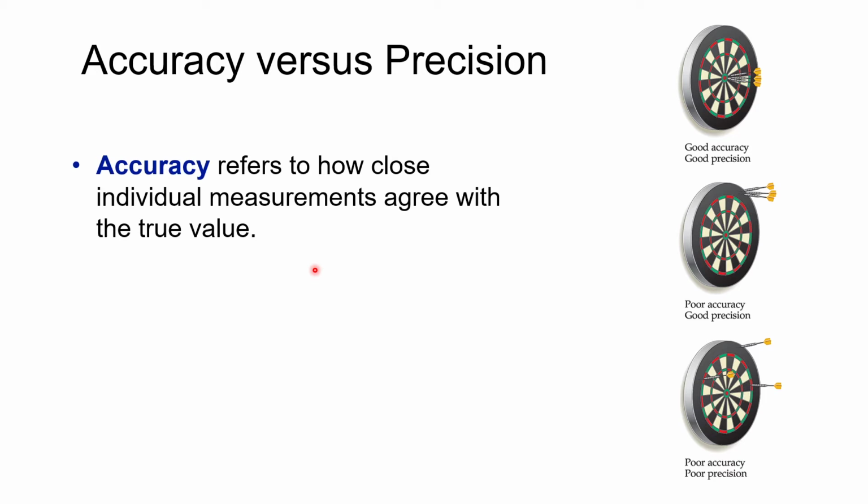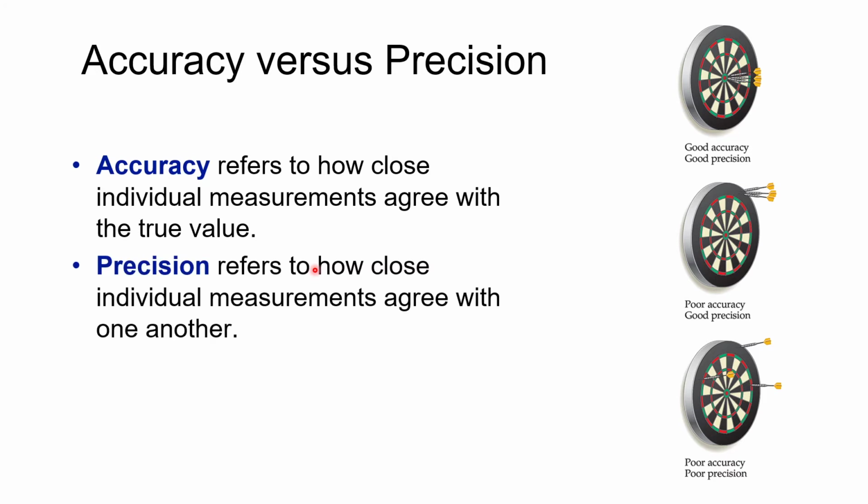Accuracy refers to how close individual measurements agree with the true value. And so how close is our measurement to the true value? Whereas precision is how close individual measurements are to each other, how much they agree with each other. These have different meanings.